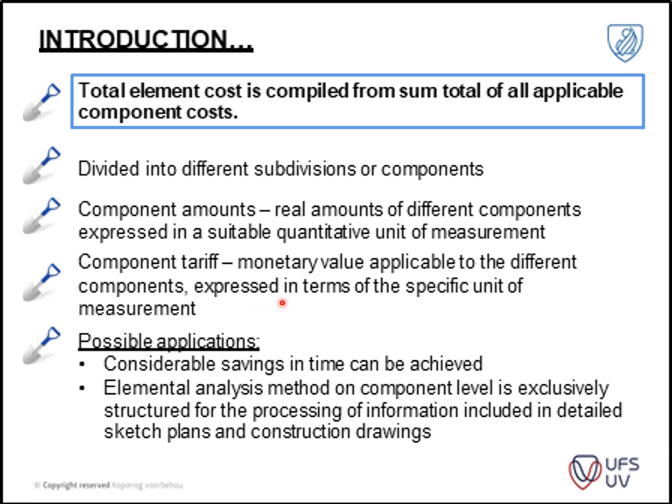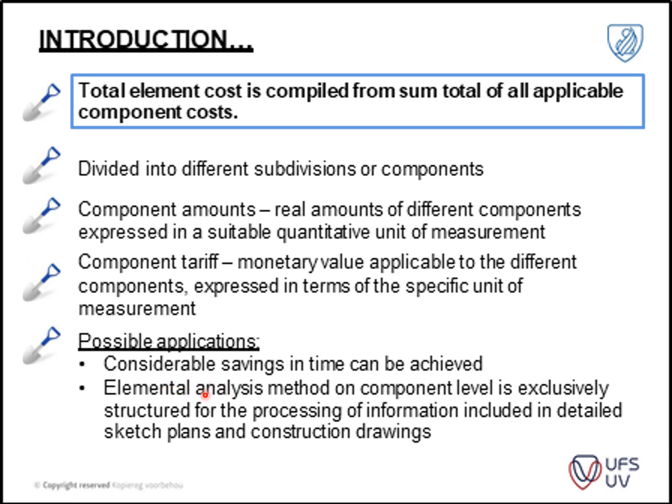Here is where you have your grouping of elements related to the trades in your BOQ. If you have a priced BOQ, you can easily calculate the elemental rates or tariffs that you need to include.